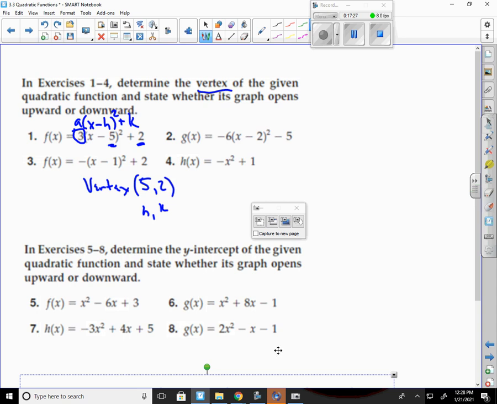So if it was x plus 2 minus 5, then your vertex would be negative 2, negative 5. Switch the sign of the h every time. Whatever's in here, switch that, keep the k.